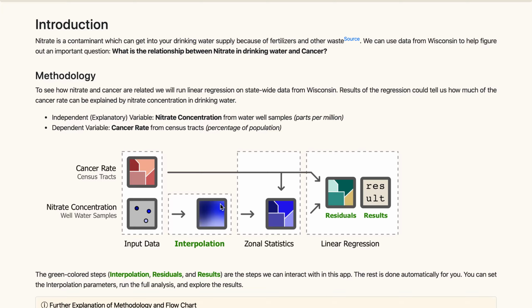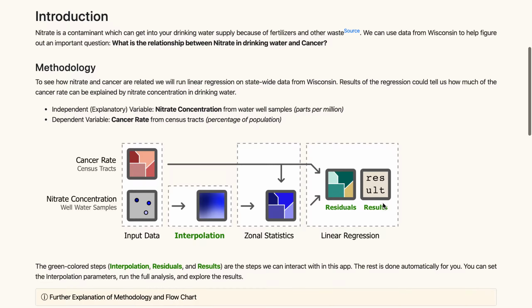And then from there, we can use zonal statistics to summarize that interpolated surface back into census tract zones. And now that we have both cancer rate and nitrate concentration in census tracts, finally we can run our regression.